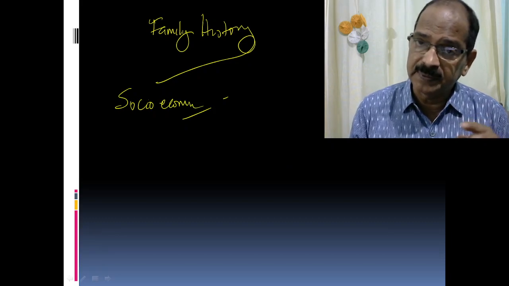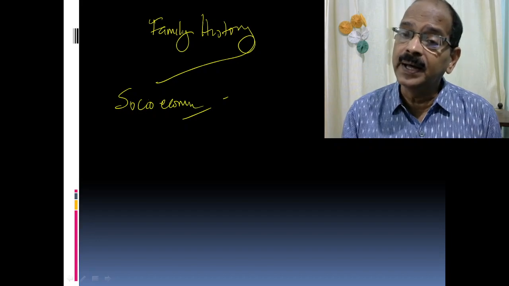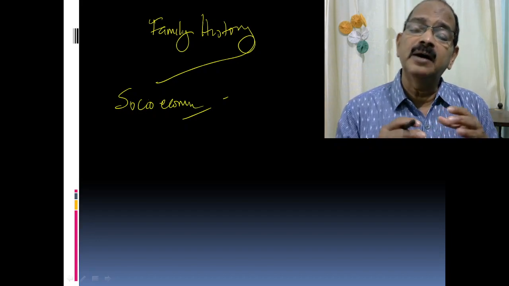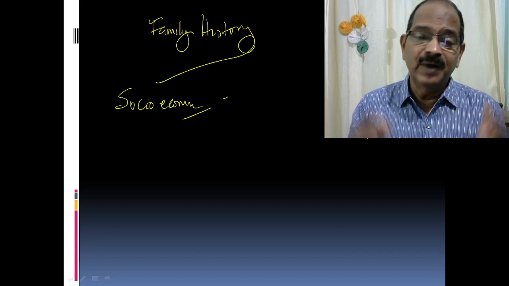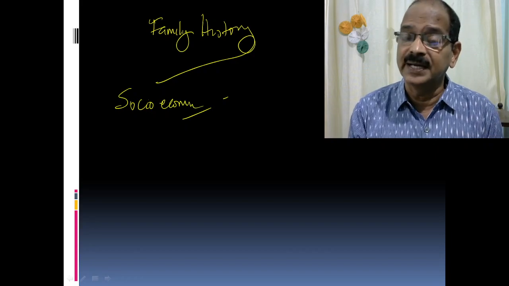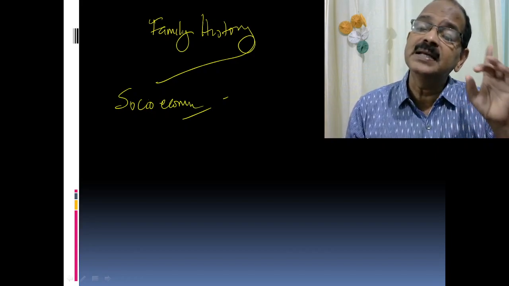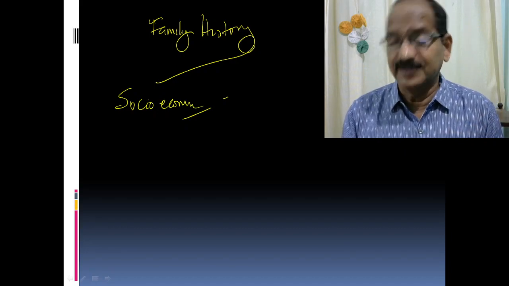That is one type. Another is genetic disorder, where they might not have met each other individually. One member is staying in this state, another member in another state, but the illness they are having has a relevance here. So, blood relatives.